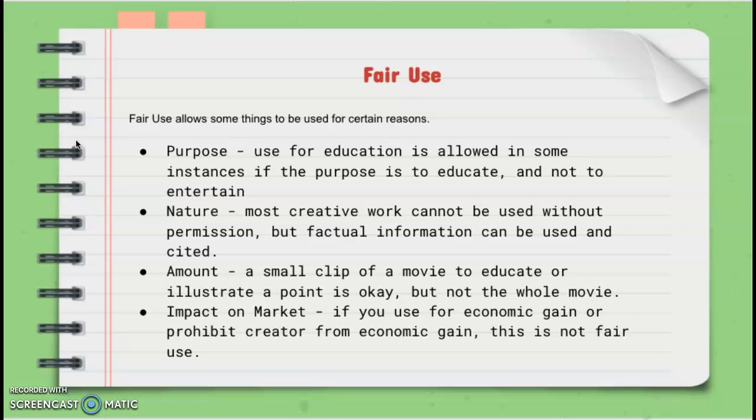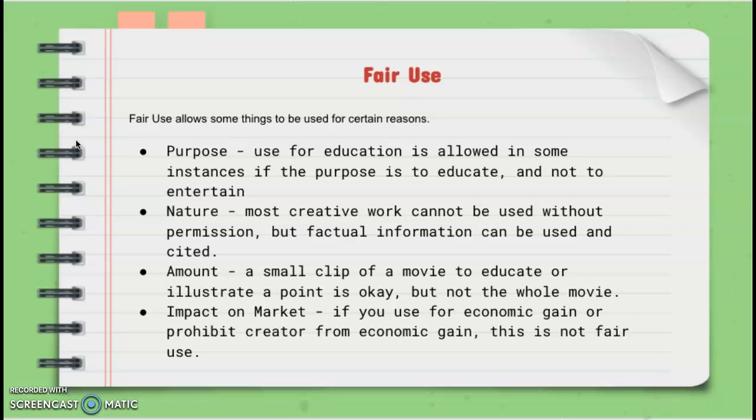You may have seen some of your other teachers, or Mrs. Smith even, or me, using creations online to prove a point. Maybe we showed you a video, perhaps you've seen pictures. Because it's used for education, this is allowed. The second fair use is nature.